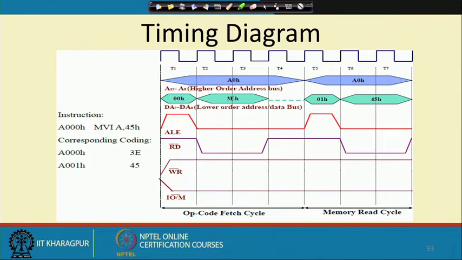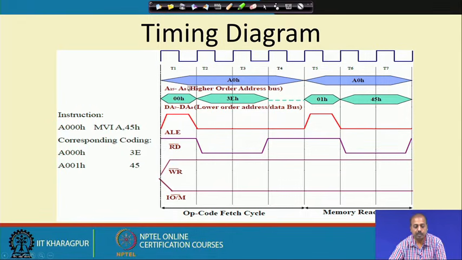This instruction has a coding of 3E for the MVI A part, and the next part is 45 hex. If the instruction is again at location A000 hex, it will take 2 bytes to hold the instruction. So, location A000 hex will have 3E and A001 will have 45.